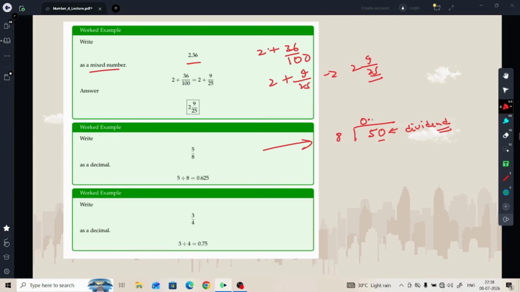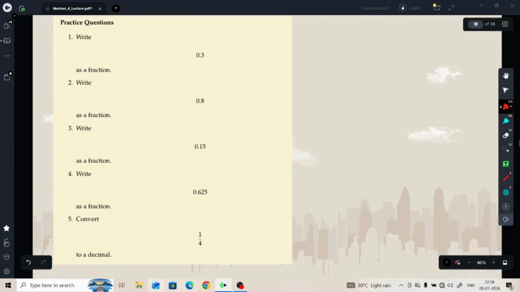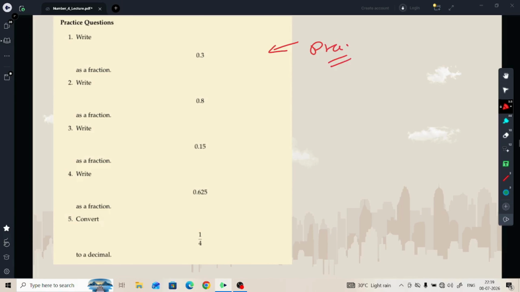Then we can do the division. 8 times 6 is 48, and 2 will be left. Again a 0 comes down since it is the decimal place. So 8 times 2 is 16, and then 4 is left. Again 0 comes, and then 5, so 40, done. So it will be 0.625. You can do the same thing with 3 by 4 and you will get 0.75. These are your practice questions, so you can practice and post the answers in the chat section.